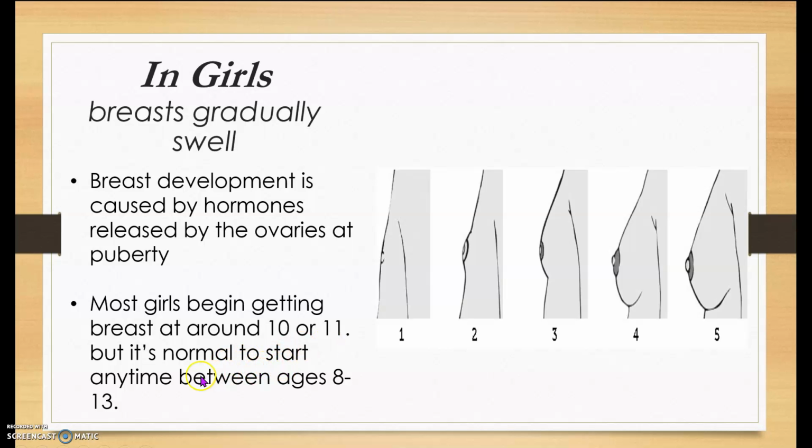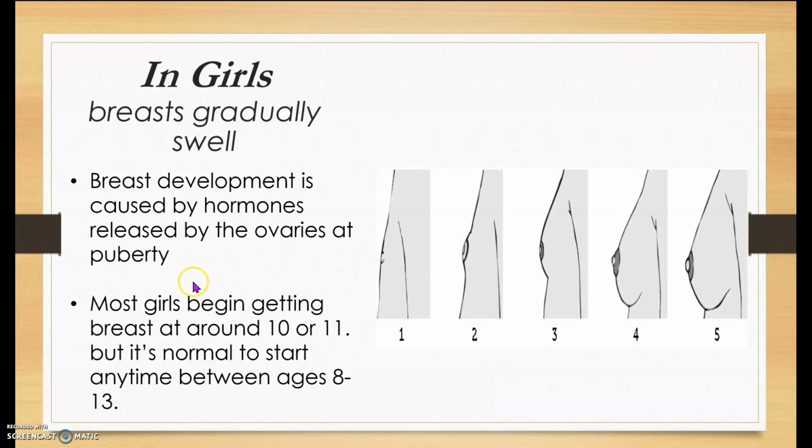Okay, it also says most girls begin getting breasts at around 10 or 11 years old. But it's normal to start anytime between ages 8 to 13. As you can see in our picture, 1, 2, 3, 4, 5, because breasts gradually swell, meaning our breasts do not develop overnight or just one day and it will be big like this. No, it happens gradually over time, okay?